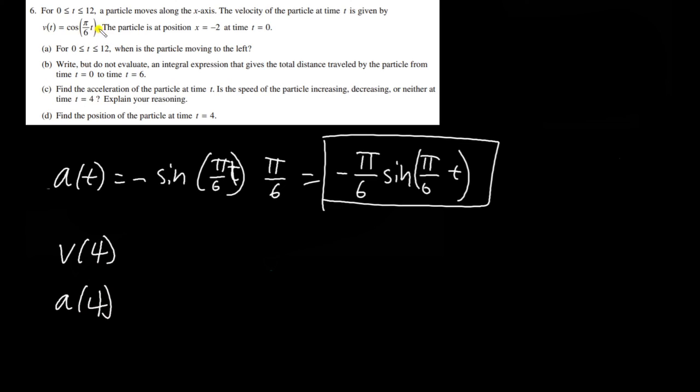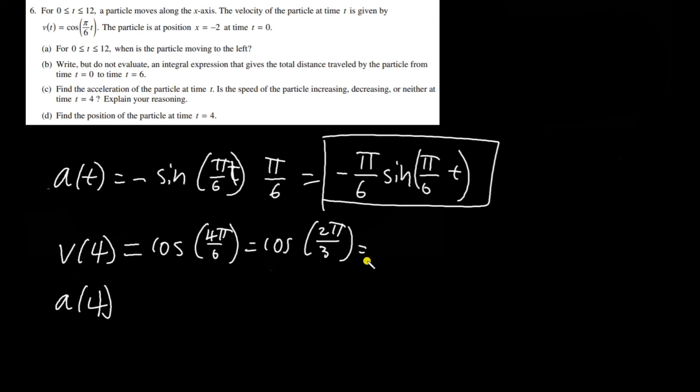v of 4 is simple, we just plug in 4. So we'll get cosine of 4 pi over 6, which is cosine of 2 pi over 3. And then, what is cosine of 2 pi over 3 again? We have to go all the way back to those words that we learned in pre-calc that we might have forgotten: unit circle, reference angle.